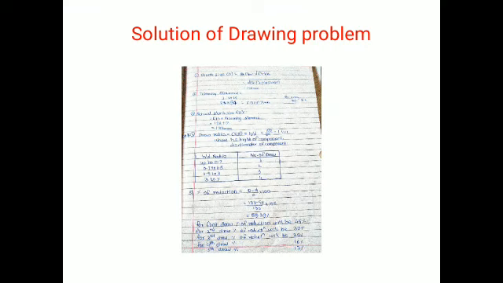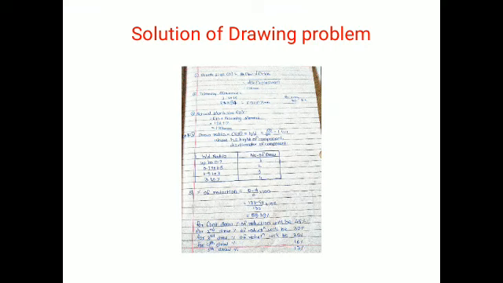Height is known to us, 60 millimeters. Small d is also known, that is 54 millimeters. If we substitute these values, we will get theoretical blank size equal to square root of 54 square plus 4 into 54 into 60, which is coming out to be 126 millimeters. I hope the first point is clear to you.